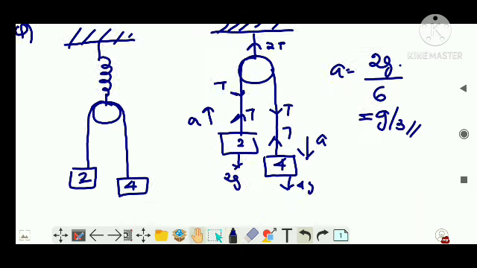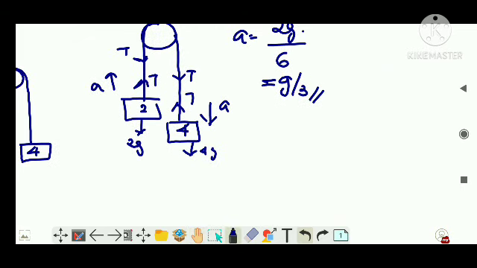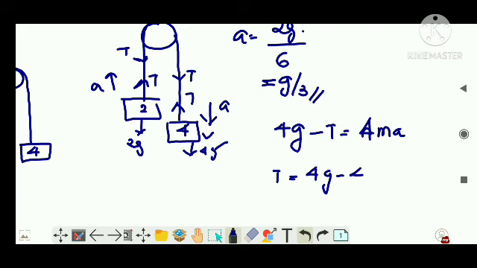Now let's take any one block, let's say 4g. From here I can write 4g below minus T, because the acceleration direction is along the 4g. This 4g minus T is equal to 4 into a, right? Now, clear? You just have to find the value of T. So T is equal to 4g minus 4g by 3, right?